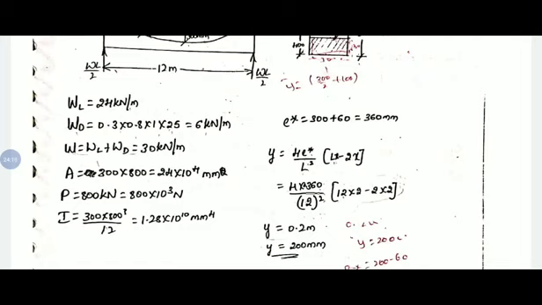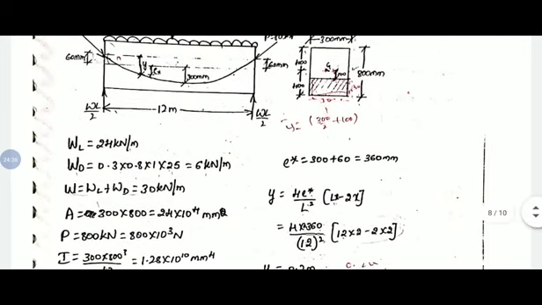That we need to find out first. So on considering the parabolic equation, 4 e star by L square into (Lx minus x square), since we are calculating depth of the cable at 2 meter, substitute x equal to 2. Here we are calculating depth. So on substituting we will get y equal to 0.2 meter, that is 200 mm. So here we are having eccentricity at top as well as at bottom.